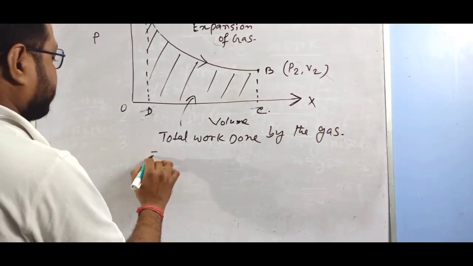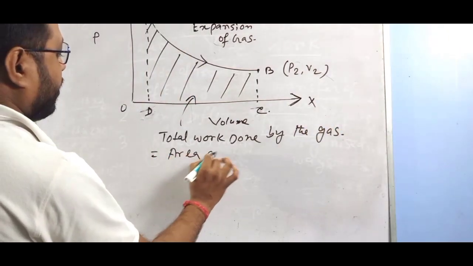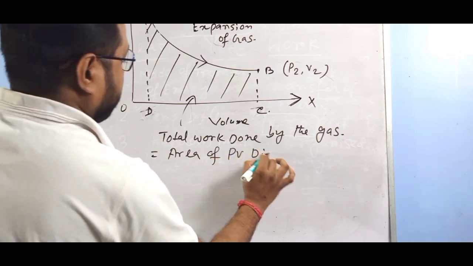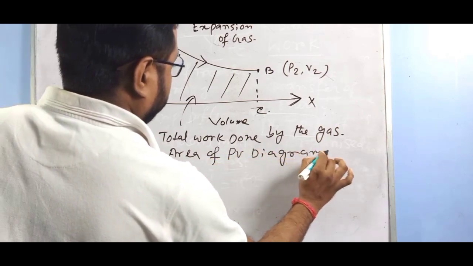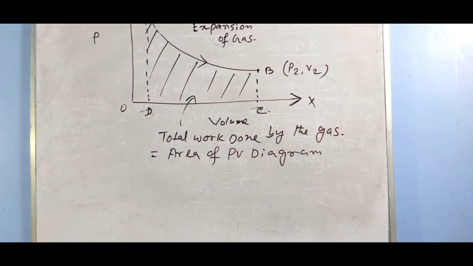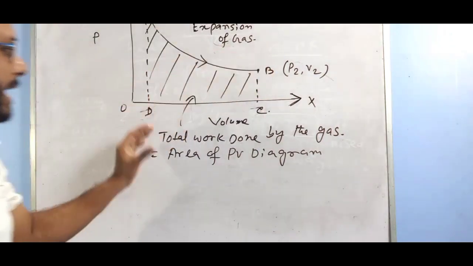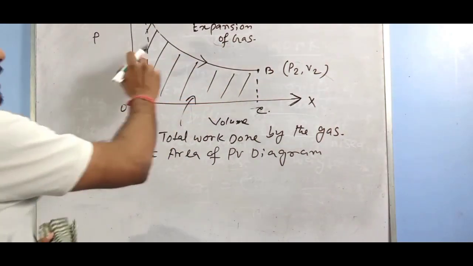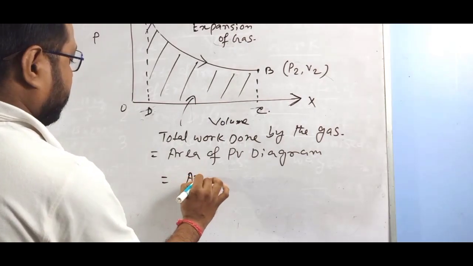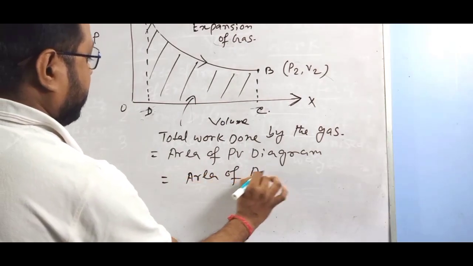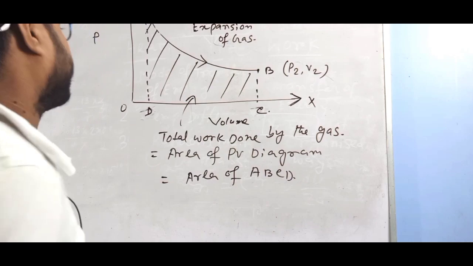Total work done by the gas is equal to the area of the PV diagram, that is, the area enclosed by the PV indicator diagram and the volume axis. Here it is the area of ABCD.